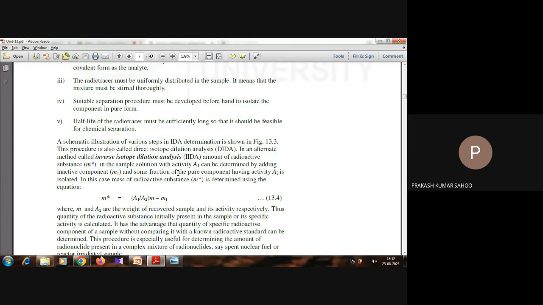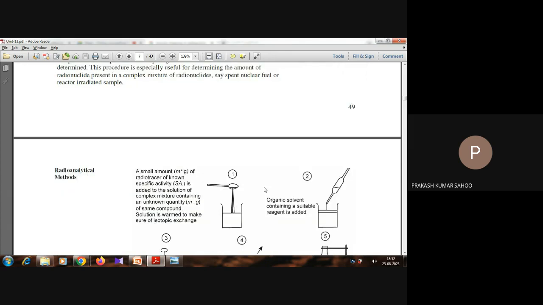To determine the activity of the analyte, we have to add some inactive substance with mass M1. Then we measure the net activity, and the difference in activity will be the activity of the sample.